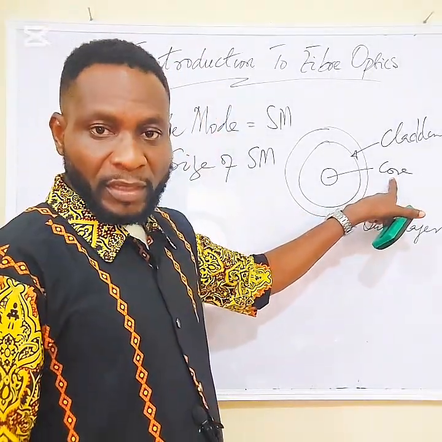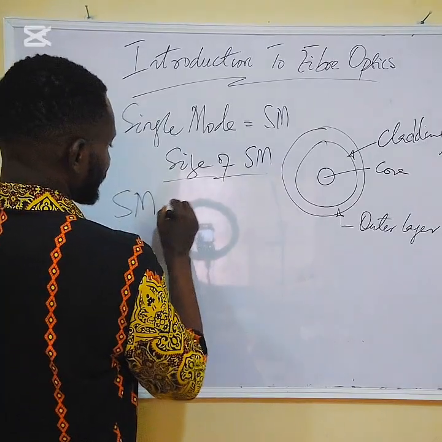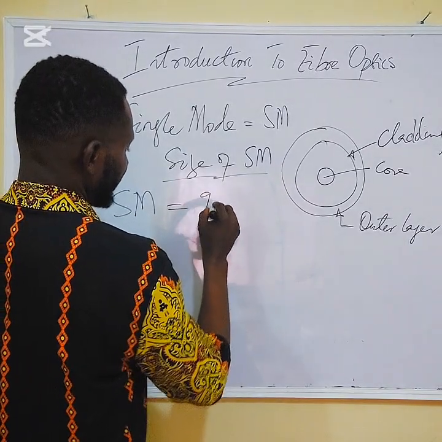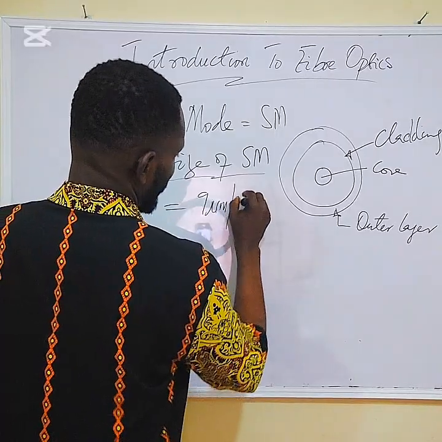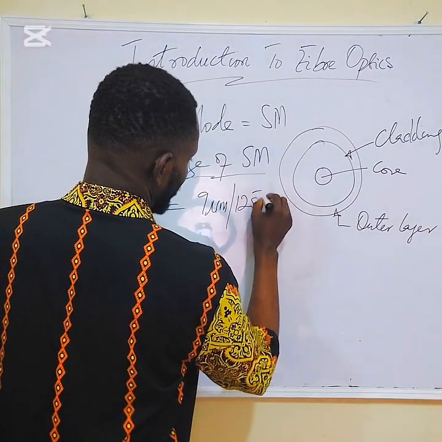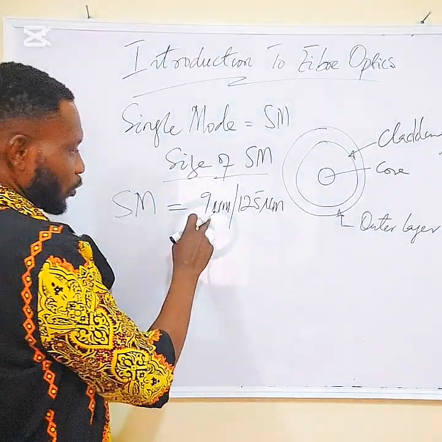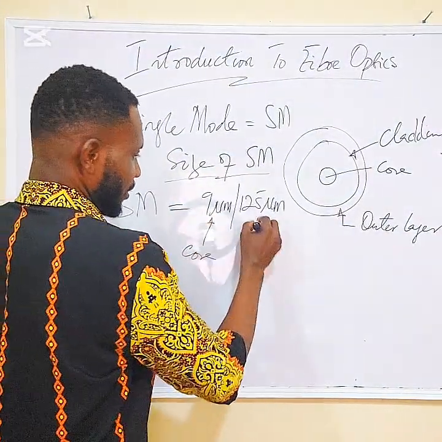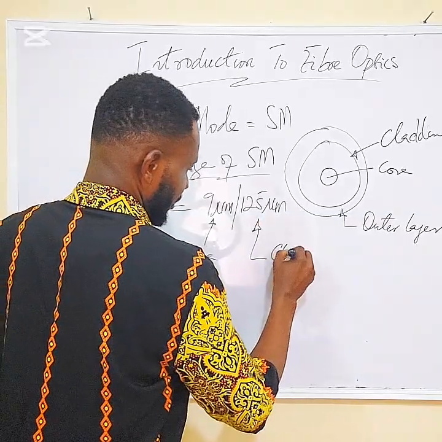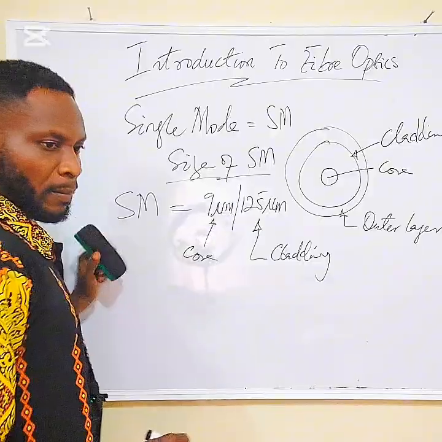what is the size of the core? Single mode, we said 9 micrometer slash 125 micrometer. So this is the core size, and this is the cladding size.